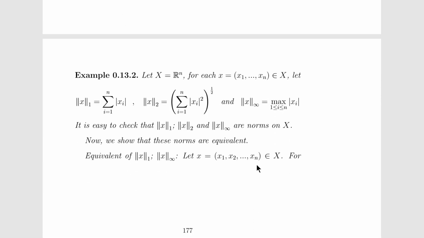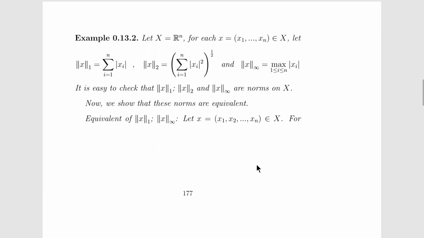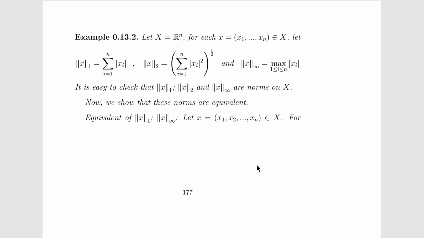Let's consider another example. Say we consider the n-dimensional, or finite dimensional, Euclidean space. For each x equal to (x1, x2, and so on, xn) belonging to the set X, let norm 1 be defined as the summation of modulus of xi.